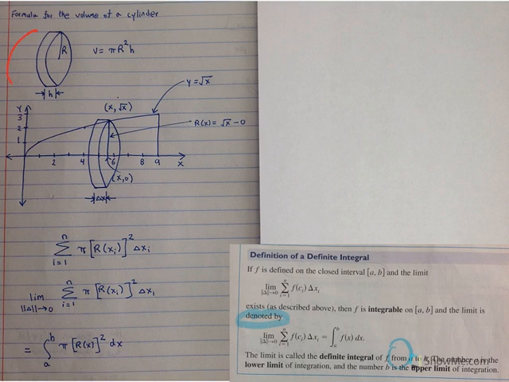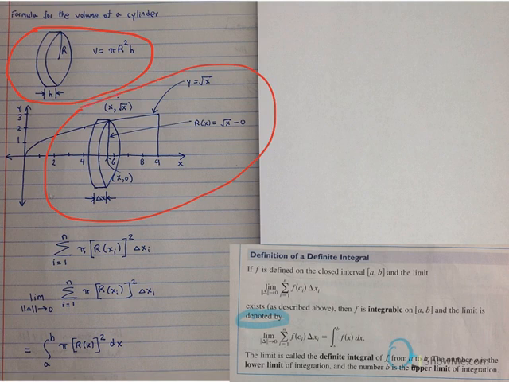So now we have to take that precalculus formula and apply it to our problem and find the volume of each cylinder, and then add the volumes of our several cylinders together to get an approximation for the volume of our solid of revolution. So you can take a look over here, and here's what we have.